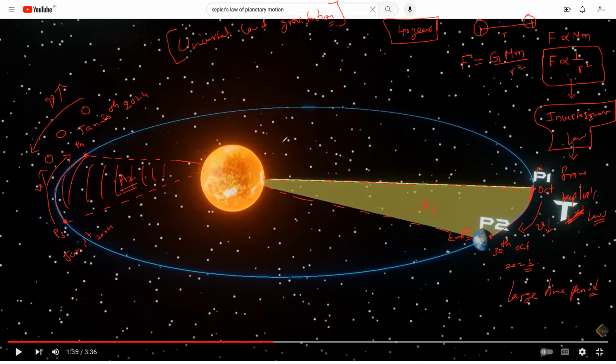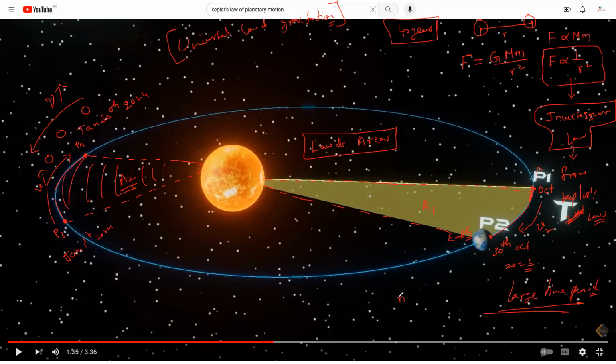So what is the second law of planetary motion? That is what we used to call the law of areas. So what does it mean? It means in an equal time period. Remember, you should not take a small time period. Why? Because it is a very, very large distance. So you should take a measurable time period, a little larger period.